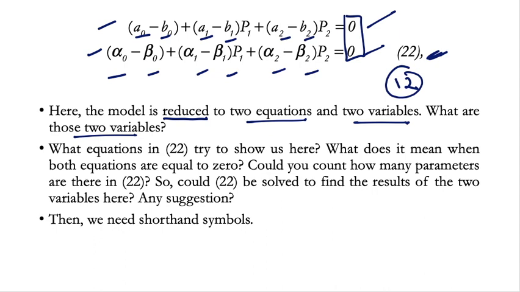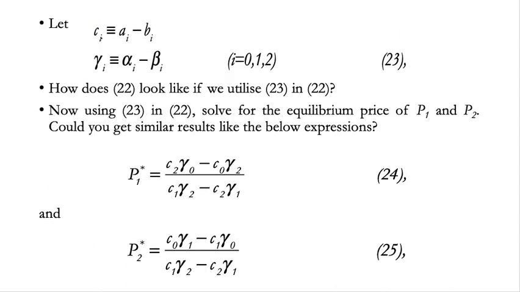Let's say we define C1, or Ci, where i refers to not the commodity, sorry, the coefficient: 0, 1, 2, because 0 is for the coefficient without a variable attached. Same thing for gamma i equals alpha i minus beta i. If that is the case, then we can have this.